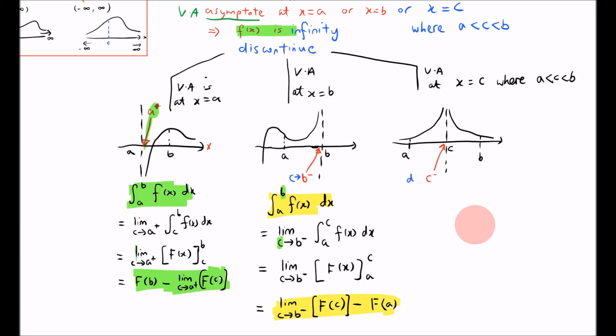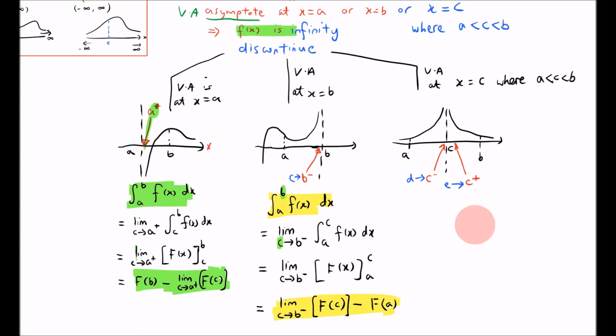Let's say we use d, approaches c minus, and here c plus, so we use c plus here. Then we can say e approaches c plus.